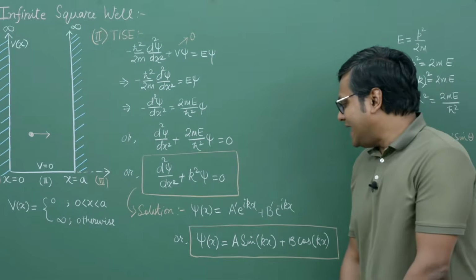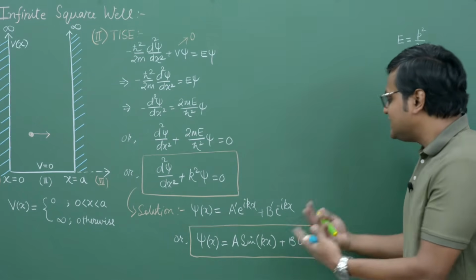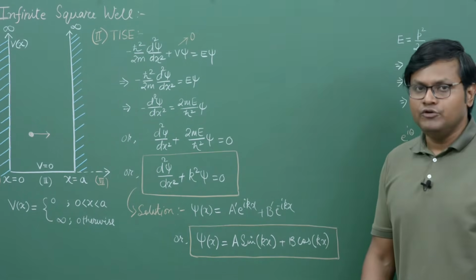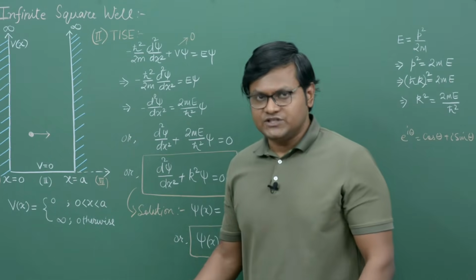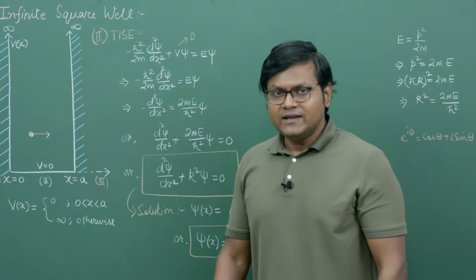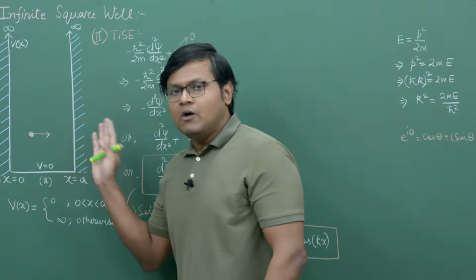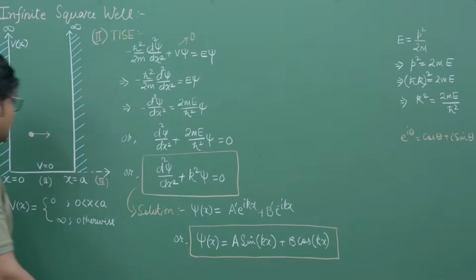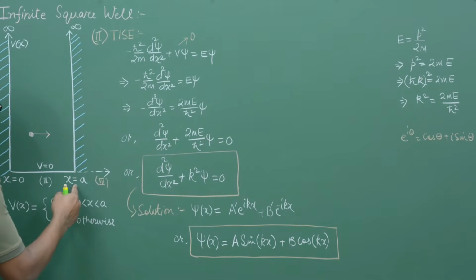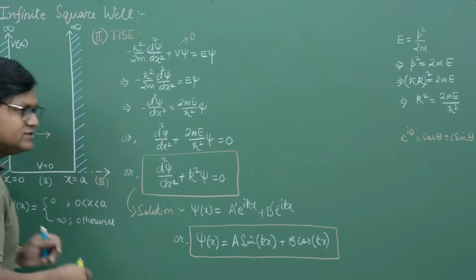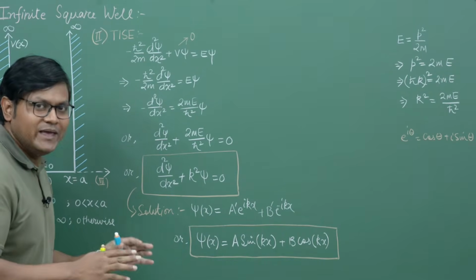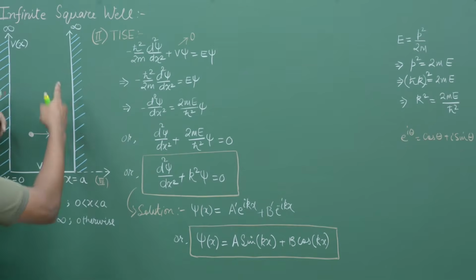However, we can further simplify this solution by applying boundary conditions, because this is ultimately a bound state. The answers that we are going to get are bound states because the particle is bound here, and we can apply the boundary conditions here. What are the boundary conditions? By definition of this problem, the wave function at x is equal to 0 and at x is equal to a is 0, because that is where the particle stops.